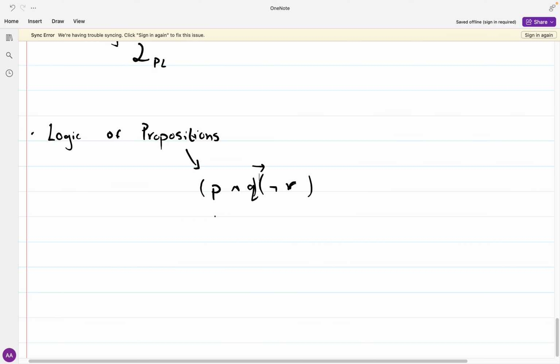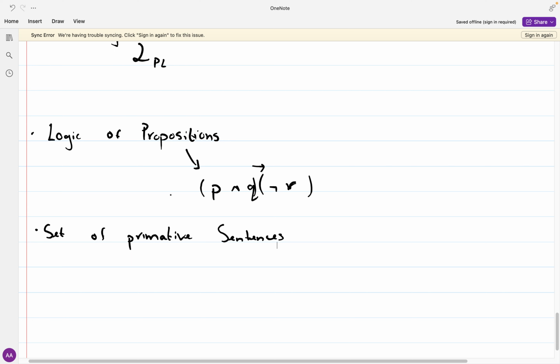And so we can understand, firstly, that we have essentially a set of propositions or a set of primitive sentences. And it is from here that we then construct the language of propositional logic more formally.